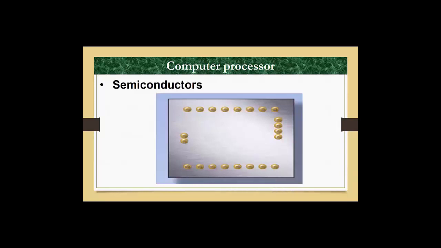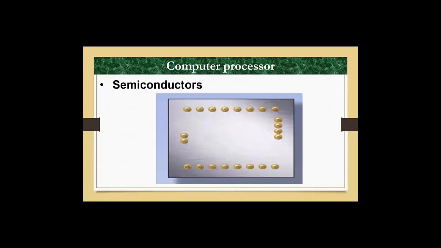It's used in electronic circuits because it's an excellent semiconductor. A semiconductor is a material that is neither a conductor nor an insulator, but can be chemically altered to be either one.